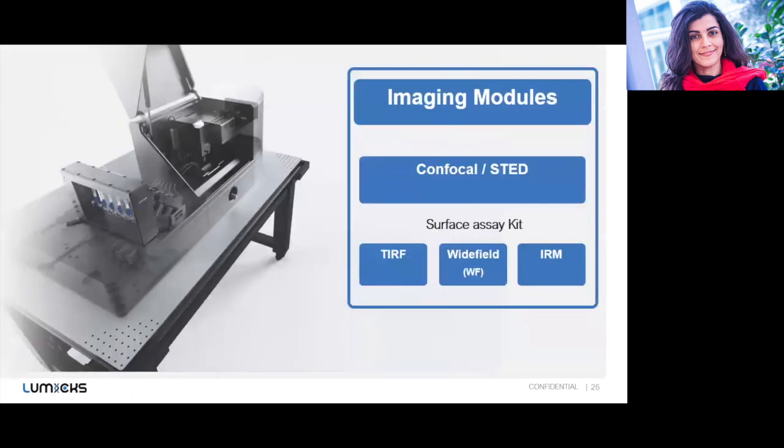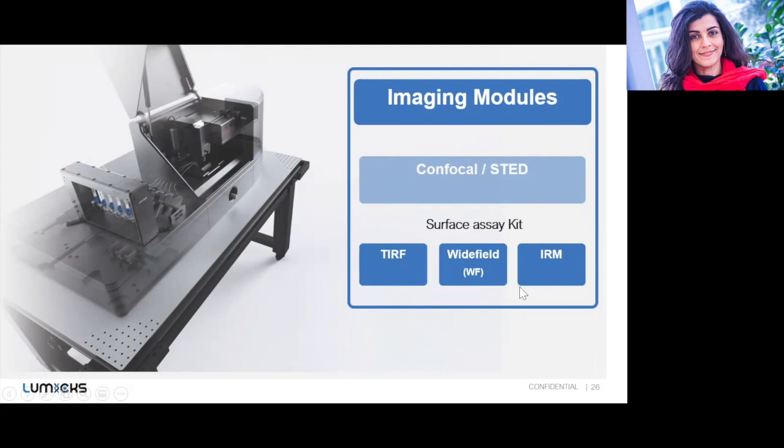So as I said, so far I talked about optical tweezers combined with confocal microscopy, but now we want to talk about the surface assay kit. For experiments that need to be done on the surface, optical tweezers can be combined with our surface assay kit, which is TIRF, wide field, and IRM.